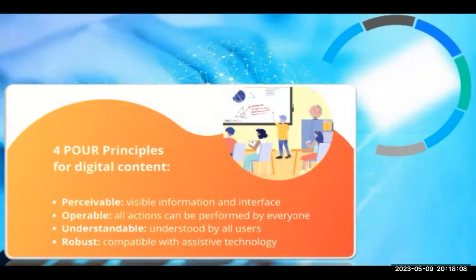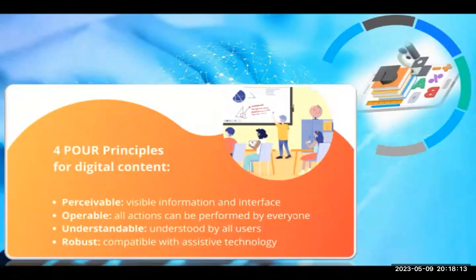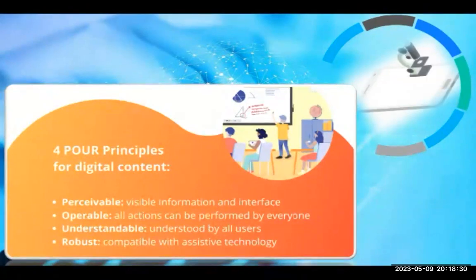We have to discuss all these 4 principles. They are perceivable, operable, understandable, and robust. One of the indicators that digital accessibility awareness has gained power is the presence of global guidelines. These greatly contribute to standardizing the various recommendations to make digital media more inclusive and able to reach a wider audience.